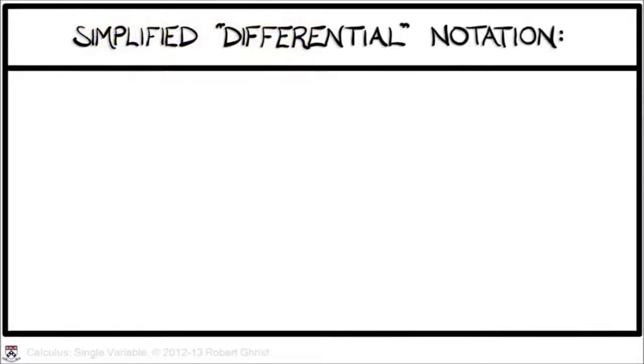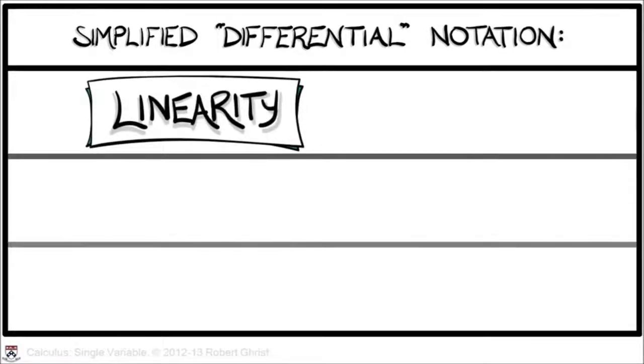Now, there are several rules associated with computing derivatives. I'm going to present these rules compactly using a simplified differential notation that you're familiar with from your previous exposure to calculus. The first rule is that of linearity. This consists of two parts.